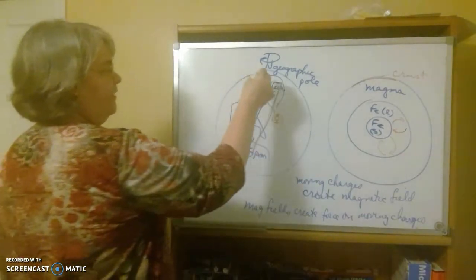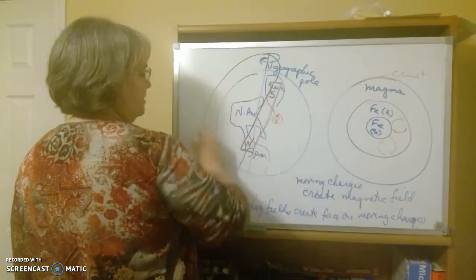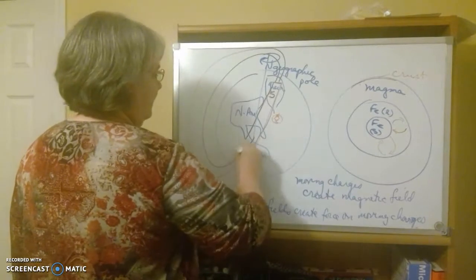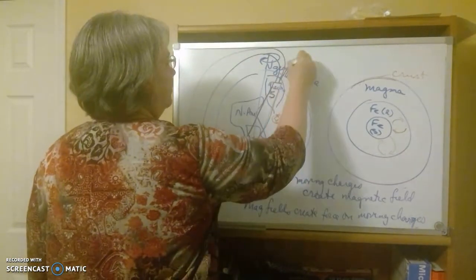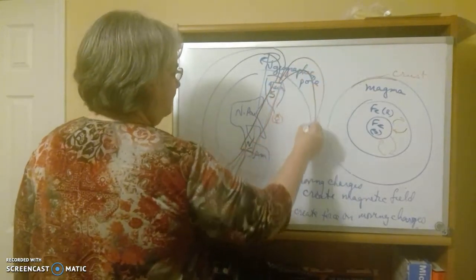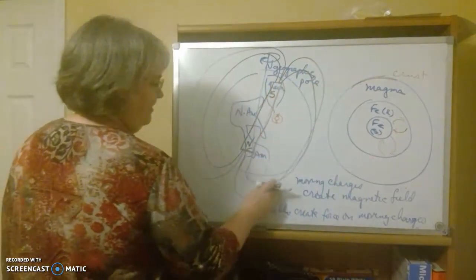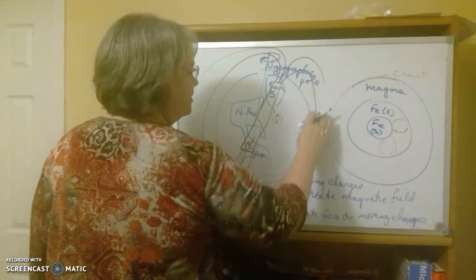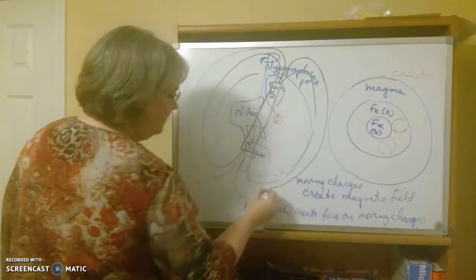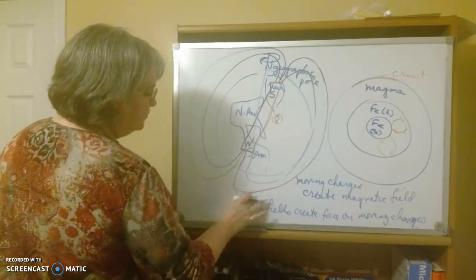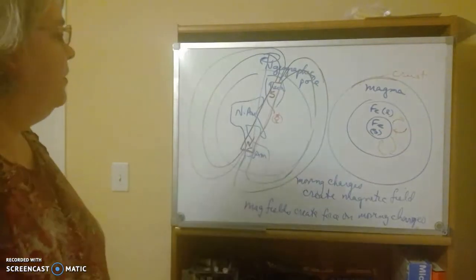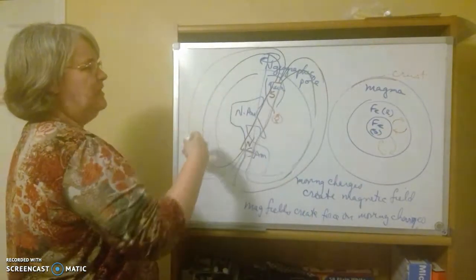And if we look at the magnetic field lines of the Earth, they extend out beyond, lost one. They never cross. This one's got to go out farther. They go out beyond the surface of the Earth.